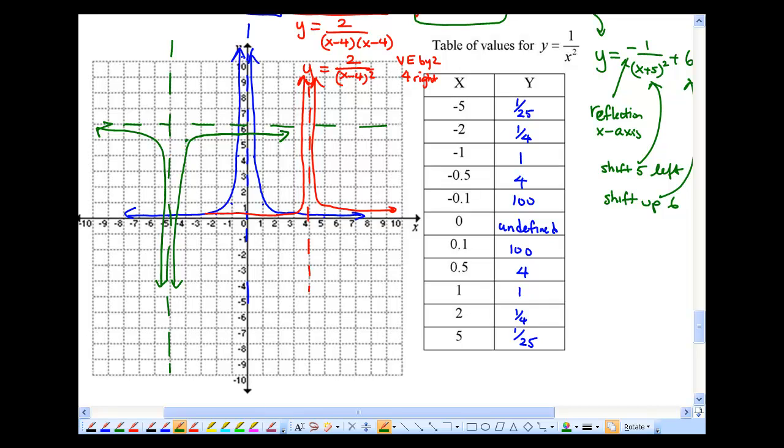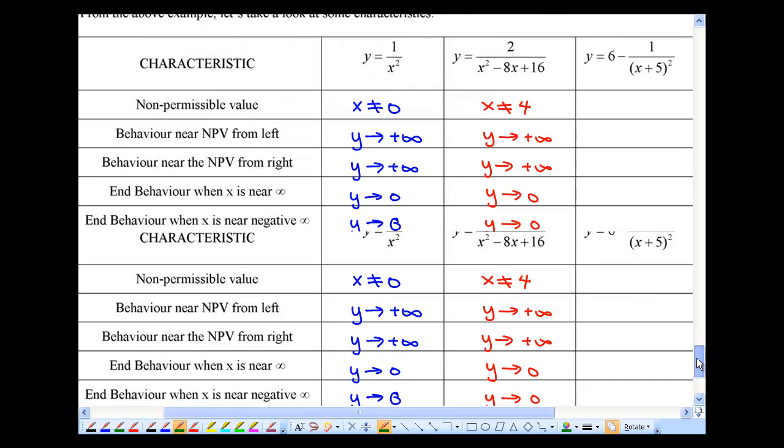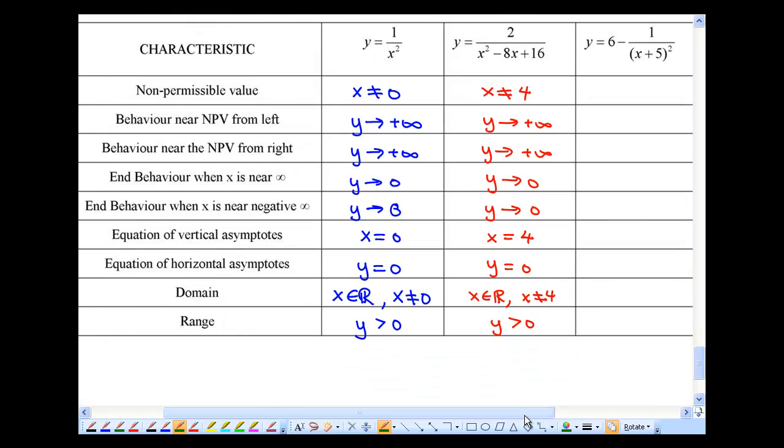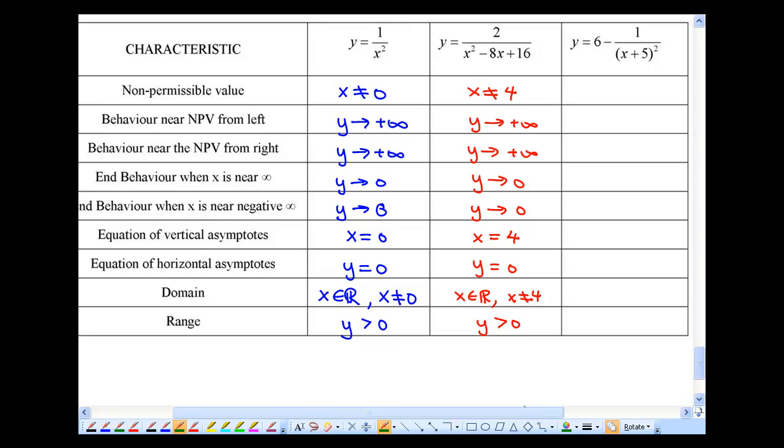Once again, stop the tape. I want you to try to do the characteristics on your own, and then come back and check your answers, please. Okay? Then we'll be done. Don't be lazy now. This one's the most interesting of them all.